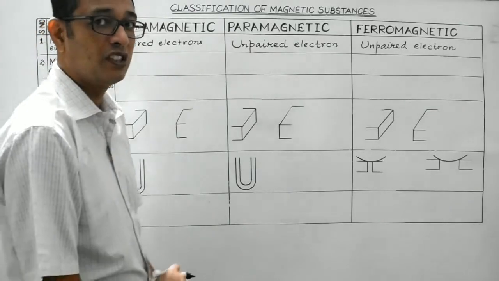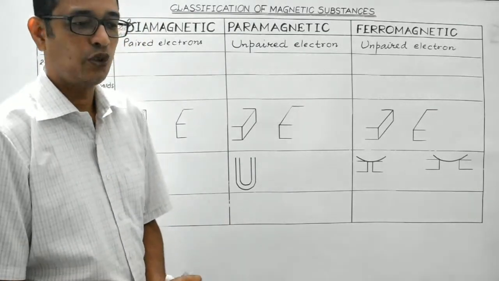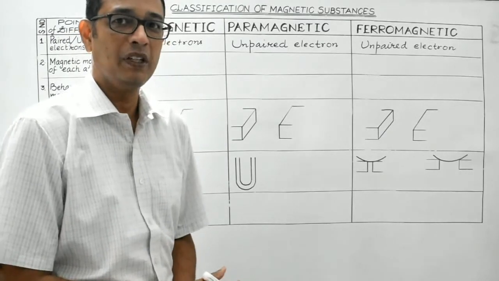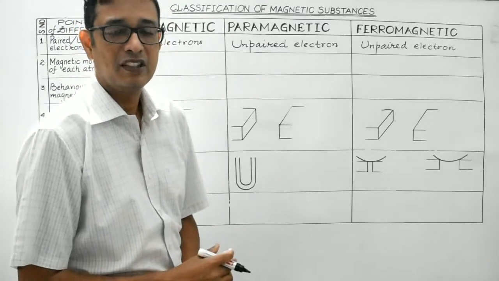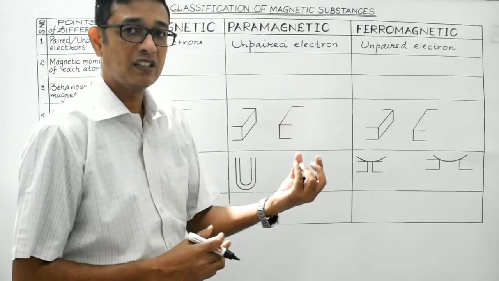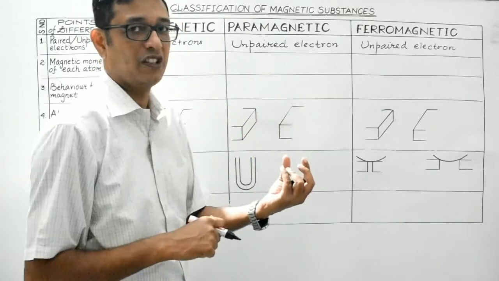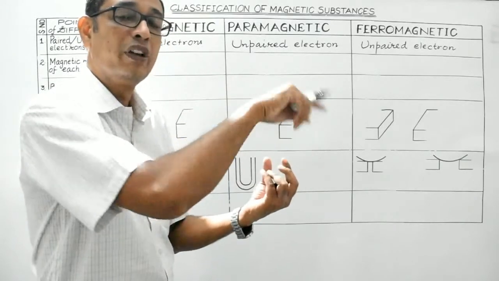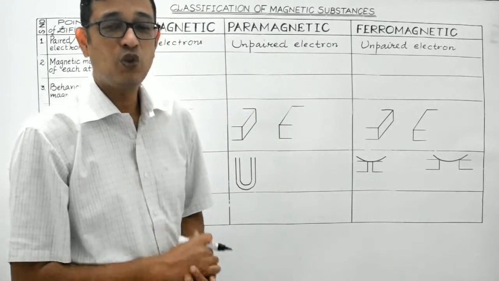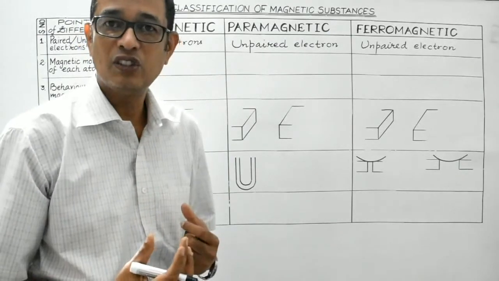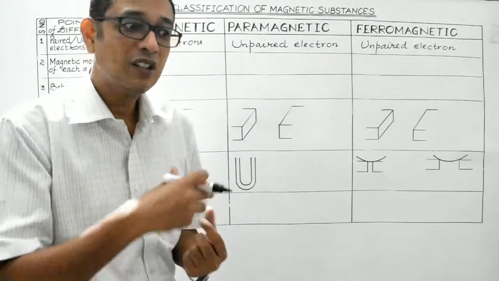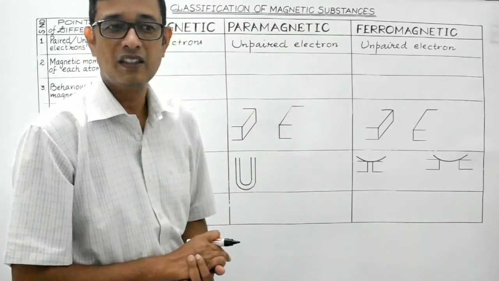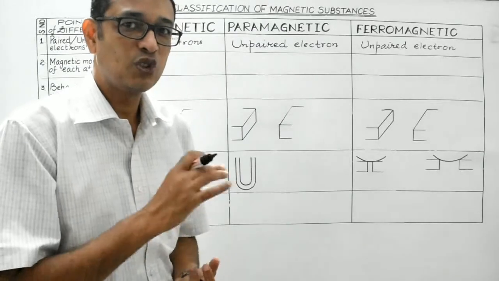Diamagnetic substance possesses paired electrons. So we are aware in a pair, it can be assumed as if the 2 electrons of a pair are having orbital motion around the nucleus in the same orbit but in the opposite direction. If one is assumed to be moving in the clockwise direction, then the other one will be assumed to be moving in the anti-clockwise direction. So what happens is, due to the electrons moving around the nucleus in a certain circular path, a certain magnetic moment is associated with it.